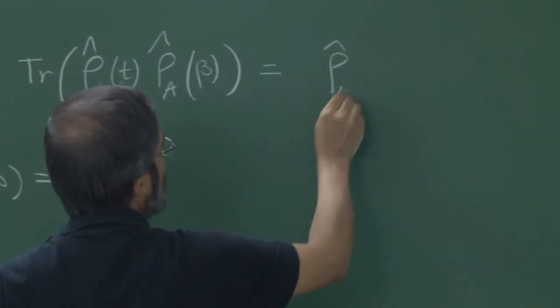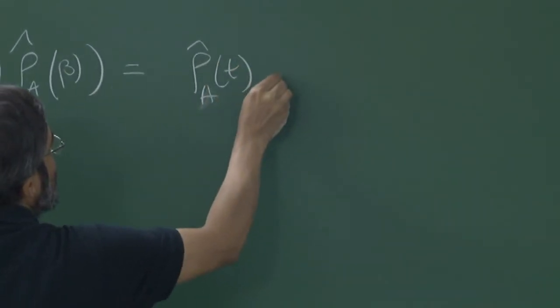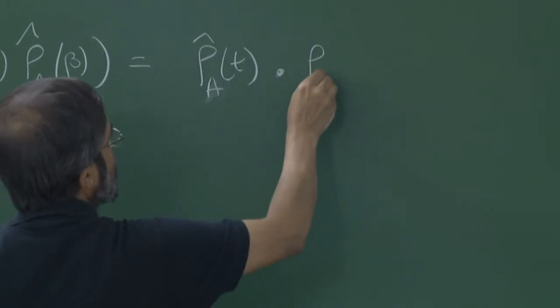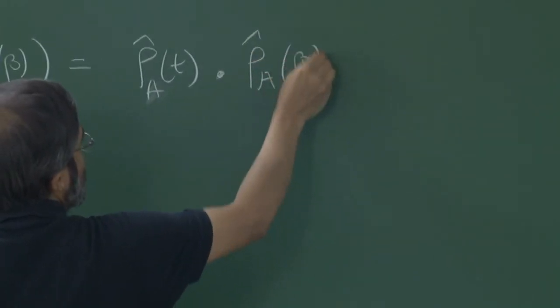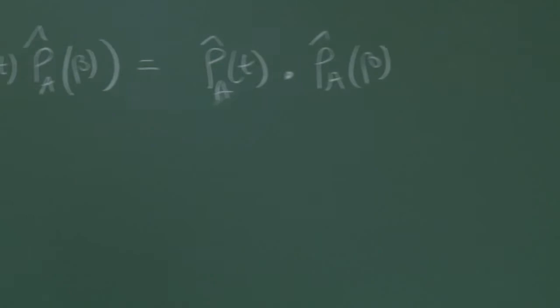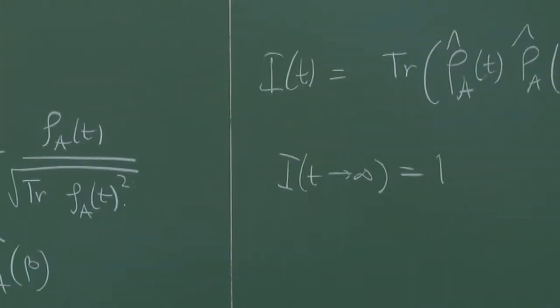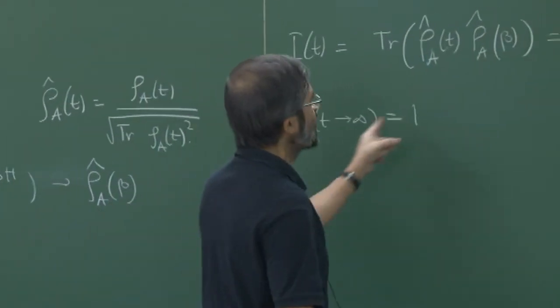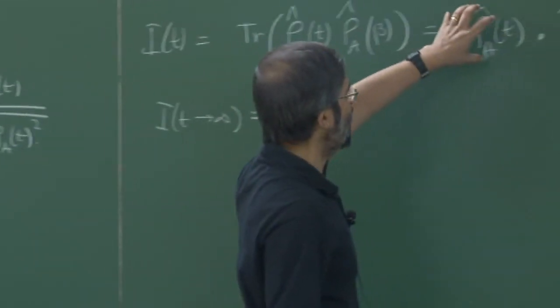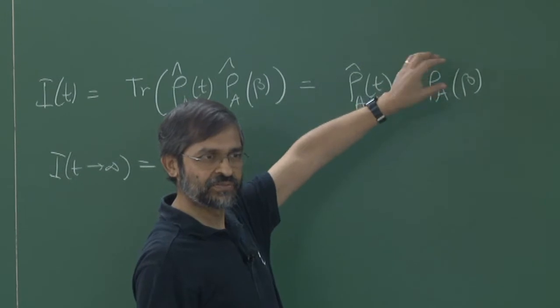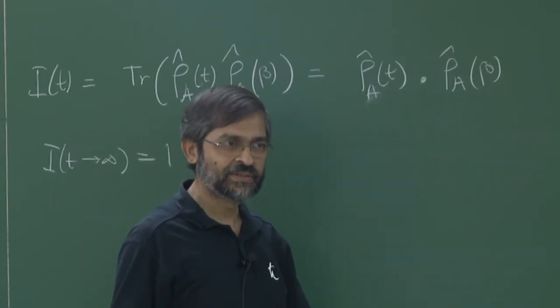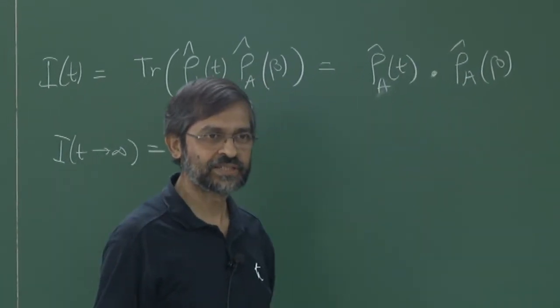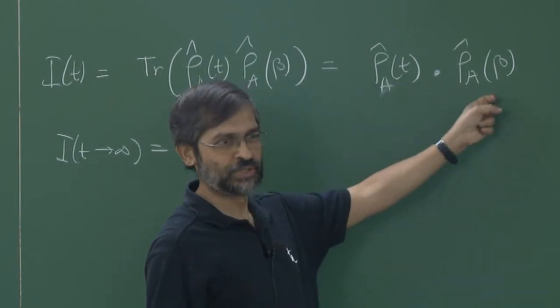Matrices can be thought of as vector spaces, and the trace can be thought of as a scalar product. This can be thought of as a unit vector with respect to that scalar product. If this is true, then one unit vector dotted with another unit vector is going to 1, which by Cauchy-Schwarz inequality can only mean that this unit vector is going to that one.